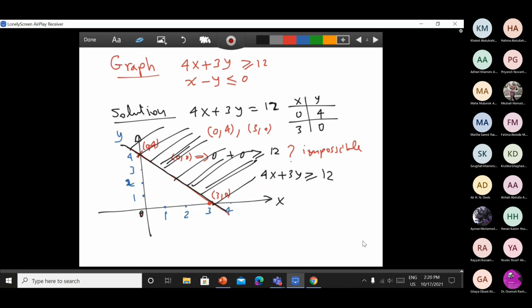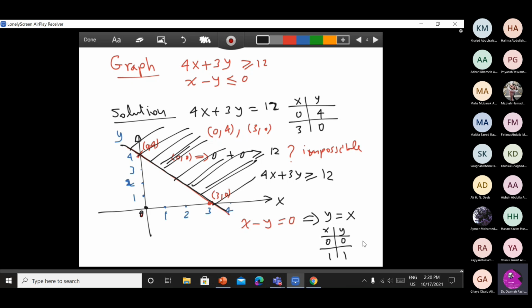Okay, let's go for the second inequality. X minus y equal to 0. This is a very simple one, y equal to x. This is a line passing through the origin, because if I put 0, I will have 0 for y. Take 1 and 1, okay?